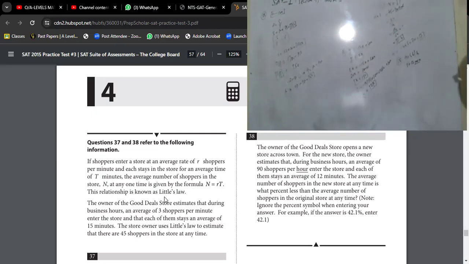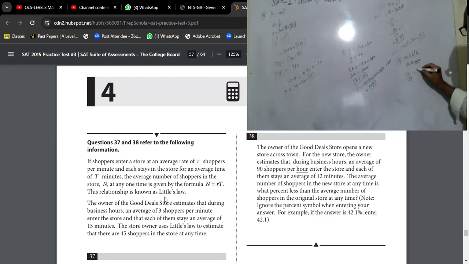So we know that it is 90 shoppers per hour. So per minute would be 90 over 60.